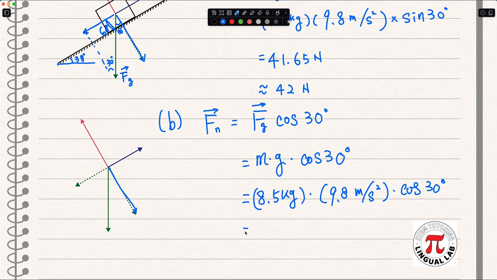We calculate about 72.14 Newton, or you can just simplify to 72 Newton.